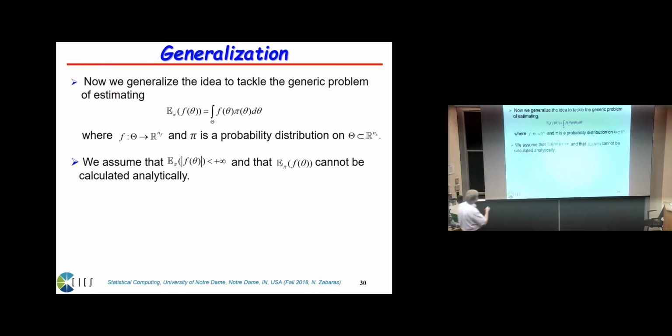You can think of this integral, for example, with pi of theta being the posterior distribution, and you want to calculate the posterior mean of this function f of theta here, okay? We're going to assume some regularity here, that the expectation and the variance are finite, so we don't have to worry, but somehow we need to be able to compute this. When we did the experiment with the circle, this pi of theta was a uniform distribution, right? So now it's an arbitrary distribution.